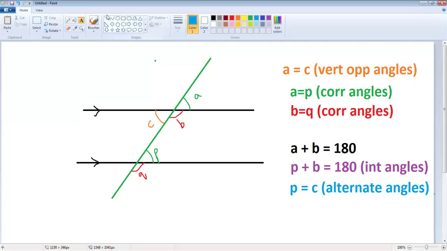And this is the most used property by students. I don't know for what reason, but they are pretty comfortable with using it. कि सर Z बनता है, Z property है, that when you form a Z between two parallel lines, the angles formed in that Z are the same.